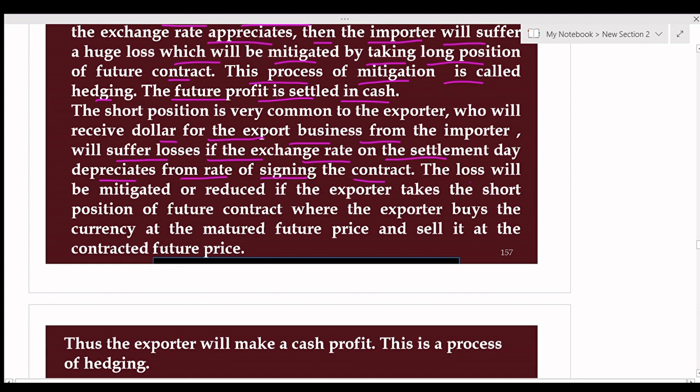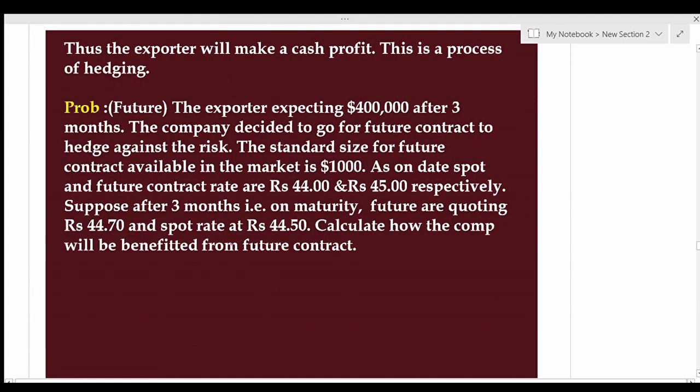The loss will be mitigated or reduced if the exporter takes the short position of future contract, where the exporter buys the currency at matured future price and sells it at the contracted future price. Thus, the exporter will make a cash profit. This is the process of hedging.